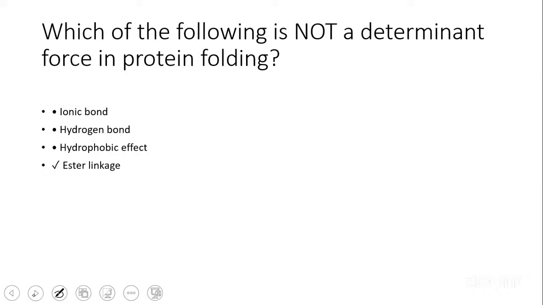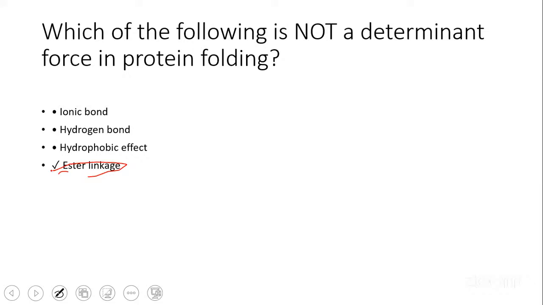A. Ionic bond. B. Hydrogen bond. C. Hydrophobic effect. D. Ester linkage. Ester linkage is definitely wrong. It's definitely wrong. That's actually the answer to that question.